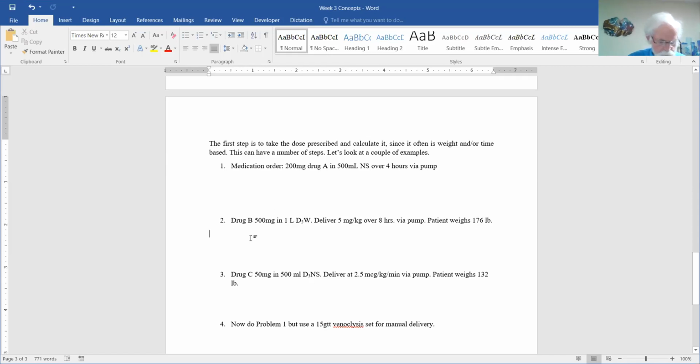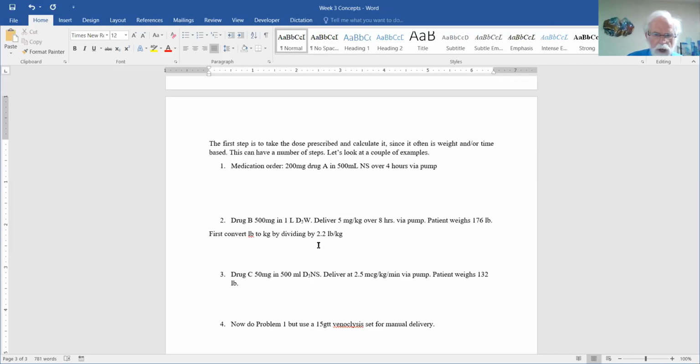So we have to first convert pounds to kilograms, right? So we divide 176 pounds by 2.2 pounds per kilogram.